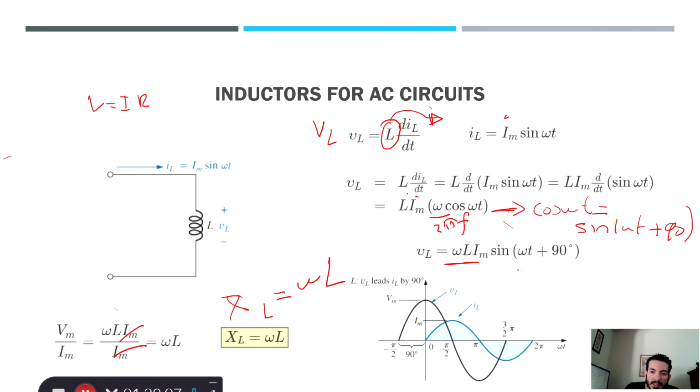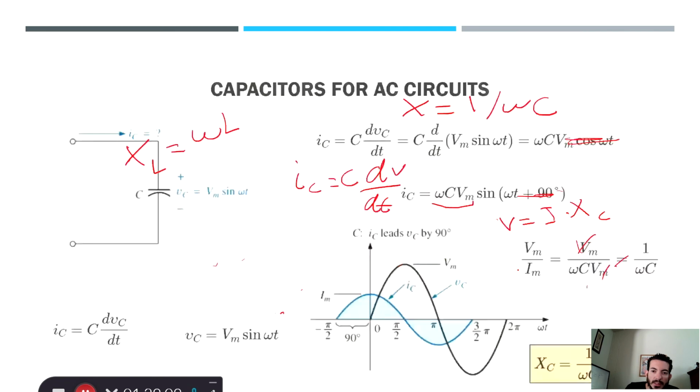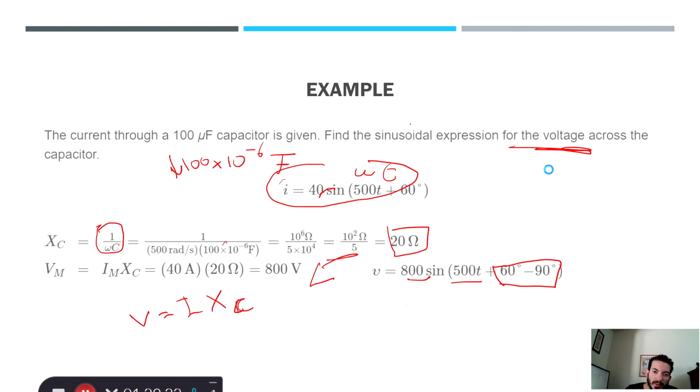Okay, so let me see something here. Yes, there's a typo in this particular case. This is not plus, but this is minus. So this is minus 90. I apologize.